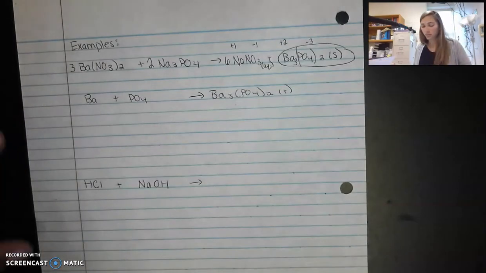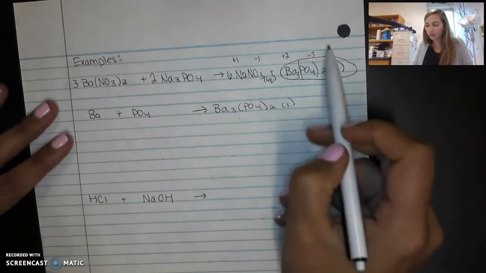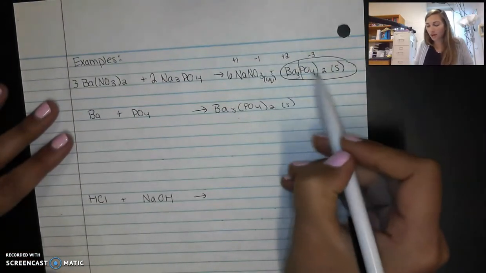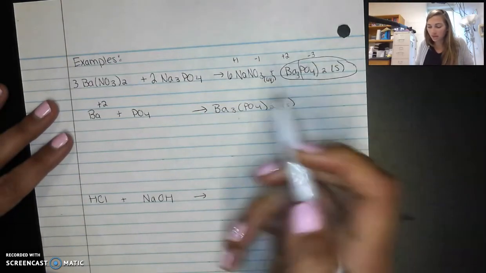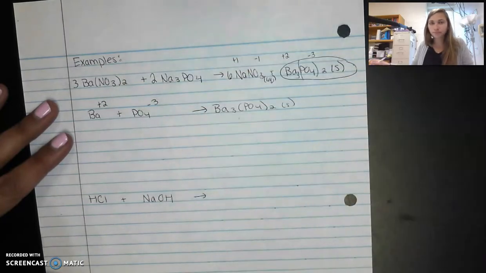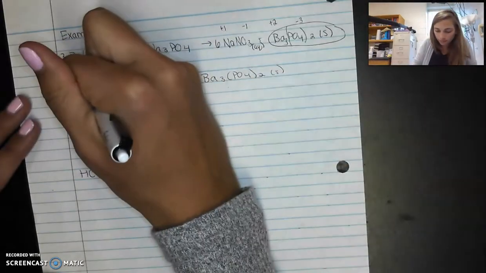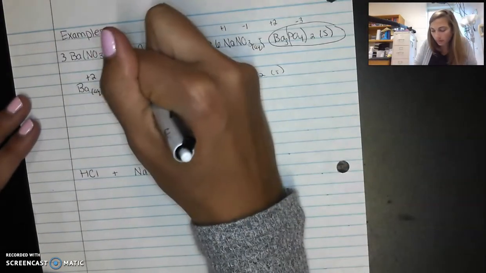Then we have our symbols, now we need charges. Well, we figured out up here the charge of each of our ions, right? Barium has a +2 charge, phosphate has a -3 charge. Then it says that they have to be labeled aq. So, aq, aq.